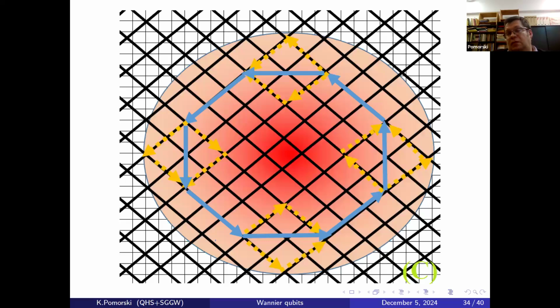You can create bound states of electrons that move on not fully circular, but quasi-circular trajectories. And then you can think about various applications of such a scheme for many-body dynamics in solid state physics, for example.